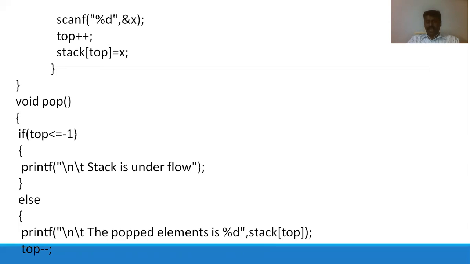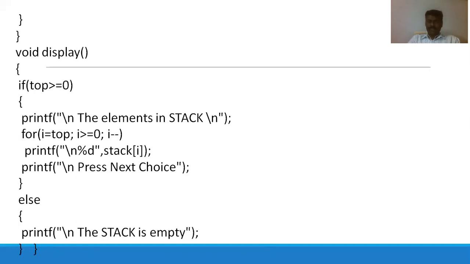If the stack is below 0, that is underflow, it's not possible to delete the element. Otherwise you pop the element, then delete the element at the top position. This is called the stack pop operation.